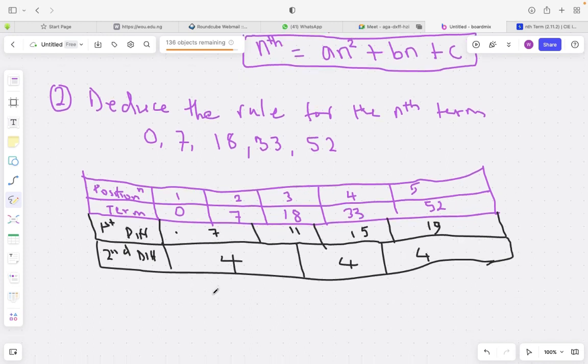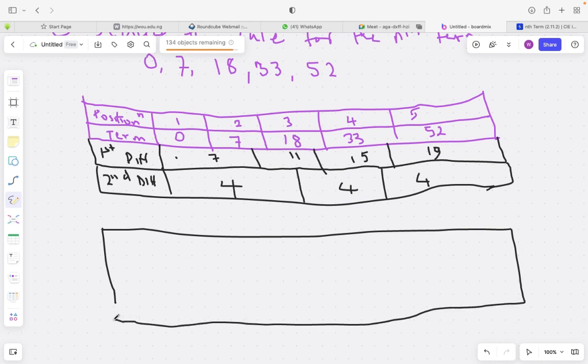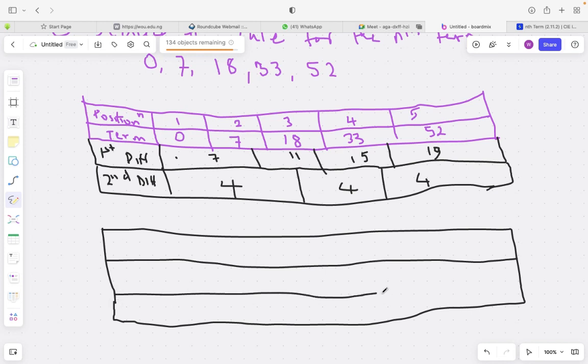Is that okay? Now let's make another table for comparison. So here we have, I'll just write n here.